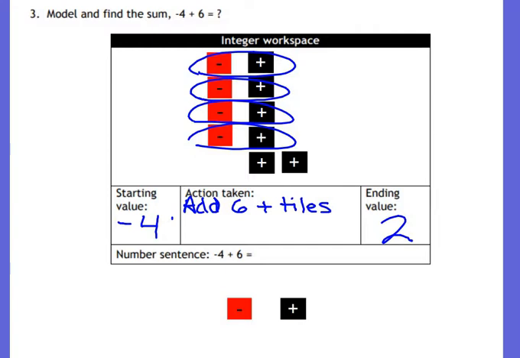What does all these circles represent? 0. I removed my 0 pairs. How many 0 pairs did I have? 4. I removed 4 0 pairs. Then I was left with just 2 positives. So that's my answer. So I know -4 plus 6 equals 2.